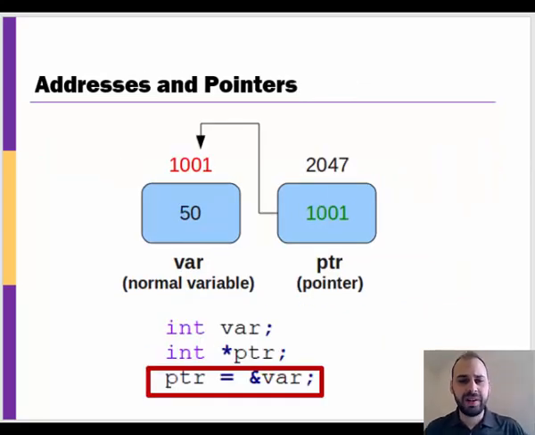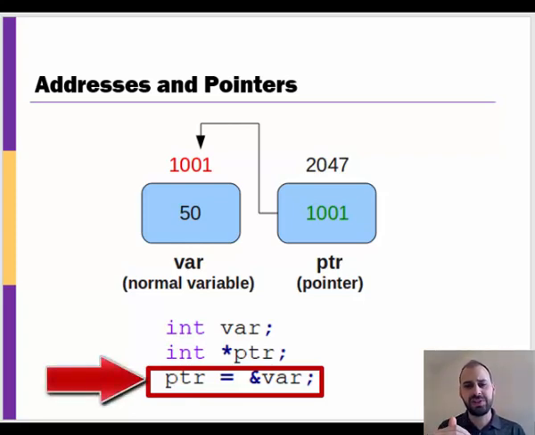I can set pointers equal to the address. In one of the previous examples, if I just had the first two lines there, int var, int star pointer, I'm not actually making that connection. I'm not having that arrow connect this pointer to the actual var variable.